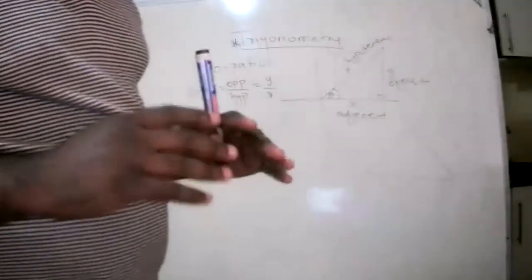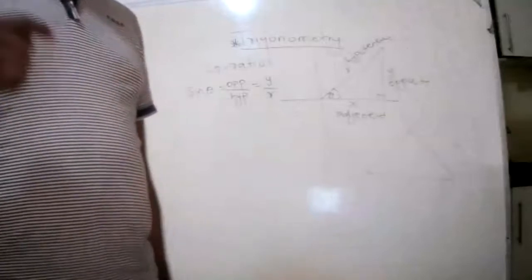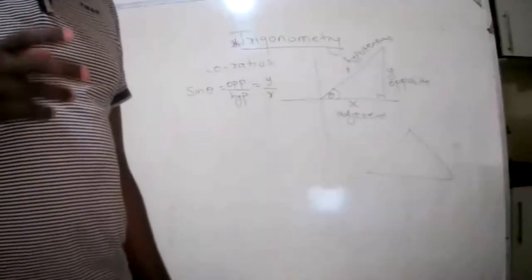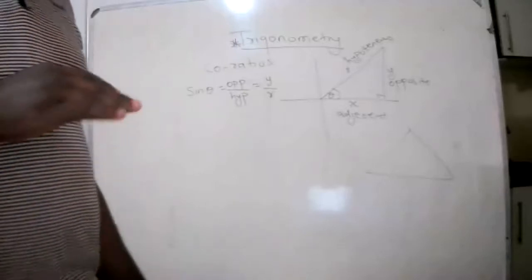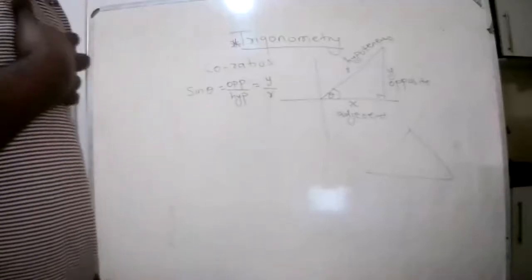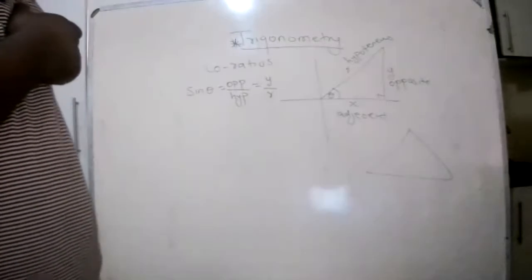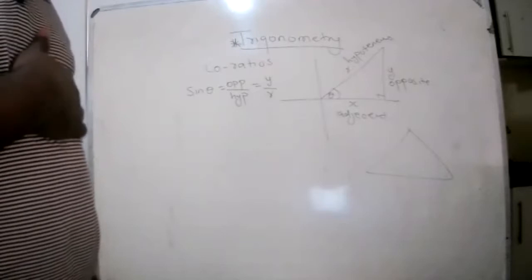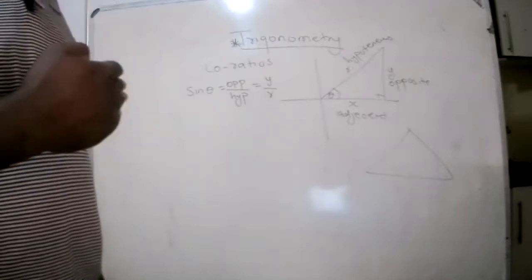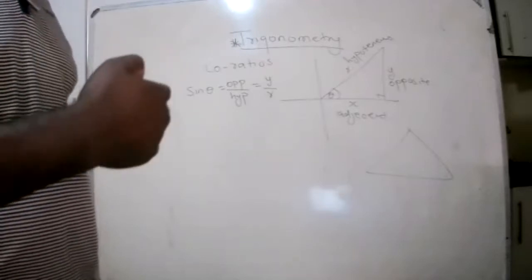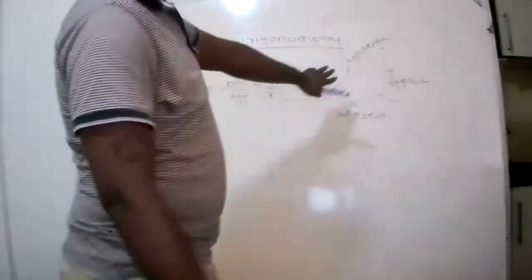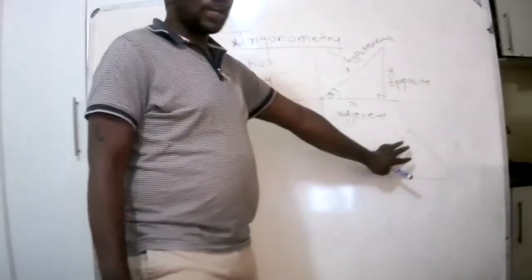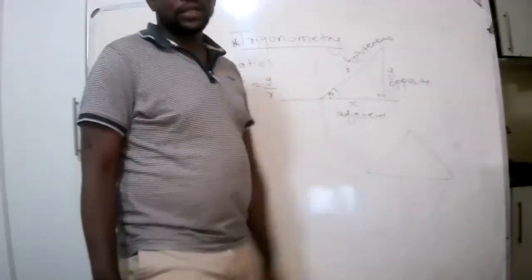You will never come across such a question because it's very sophisticated. There are rules we're supposed to use, which will only be introduced when you do grade 11 and grade 12. For grade 10, you don't go beyond that. Are we together?